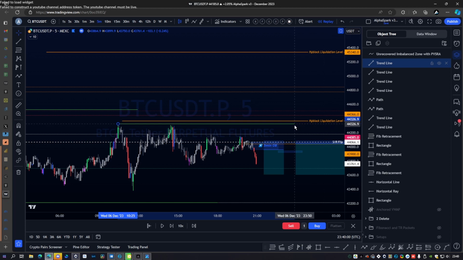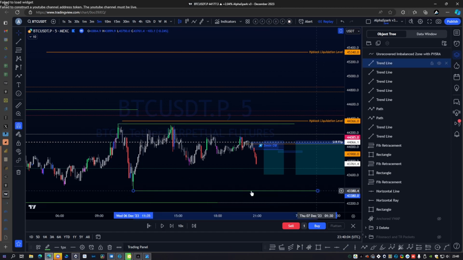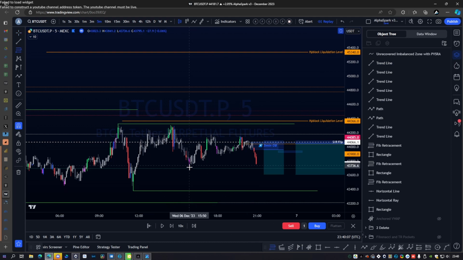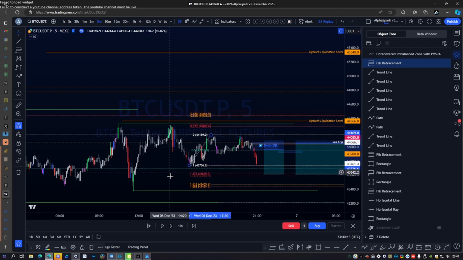You get that high, you get this high, and you get a range inside that, right? This guy did not break that high, and it corrects and then creates a lower low. This is another range because you then have a high also not breaking that.